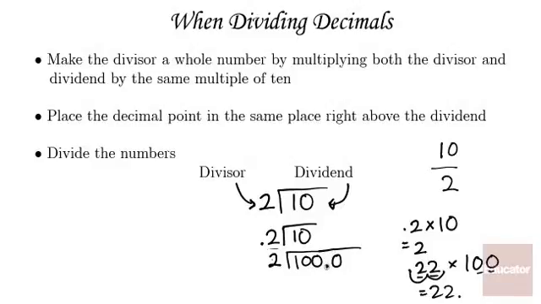So here's a decimal point. I'm going to place a decimal point right above it, and my answer is going to go on top. Let me give myself some room.